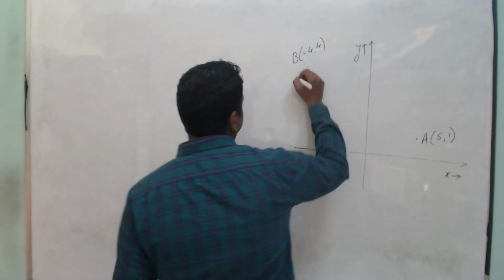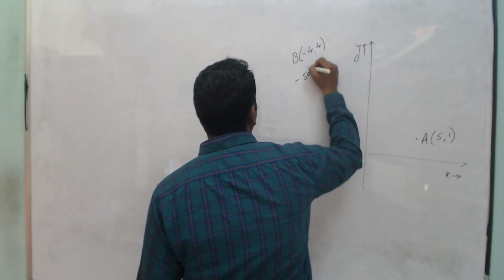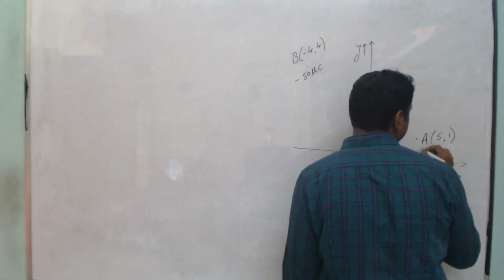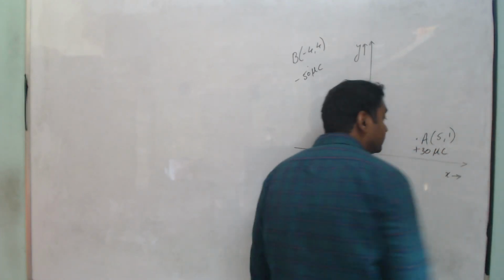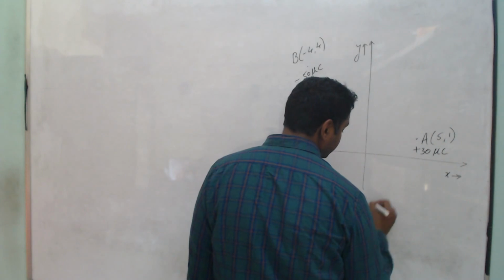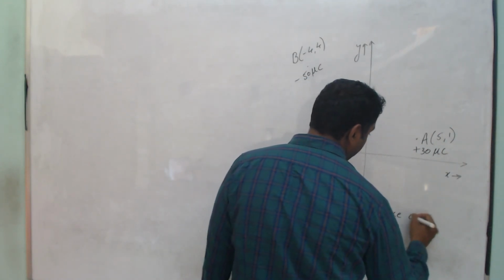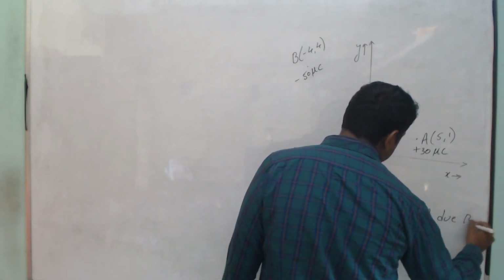Take the charge over here as minus 50 microcoulomb. Take the charge over here as plus 30 microcoulomb. Find the force on A due to B.